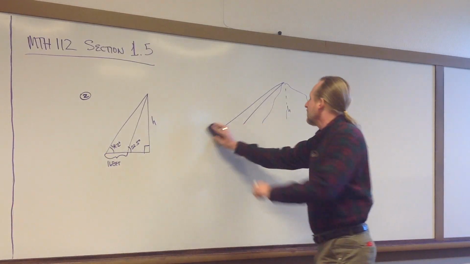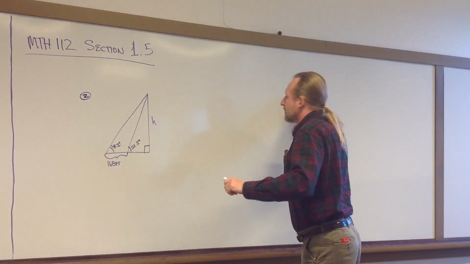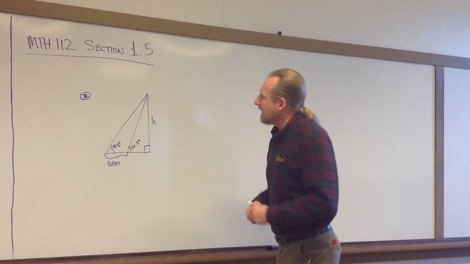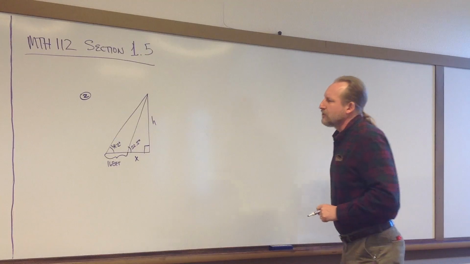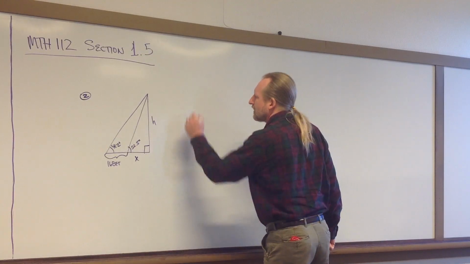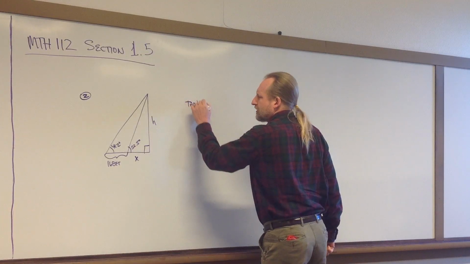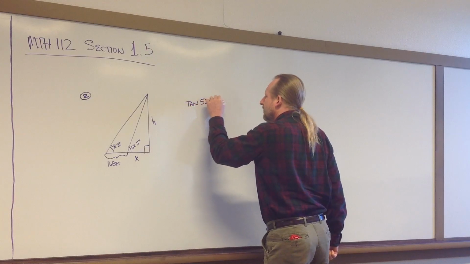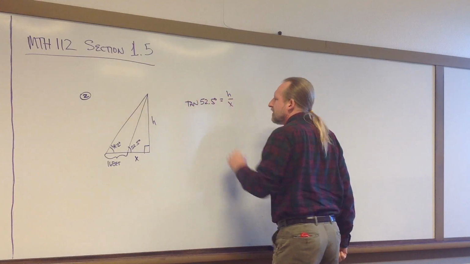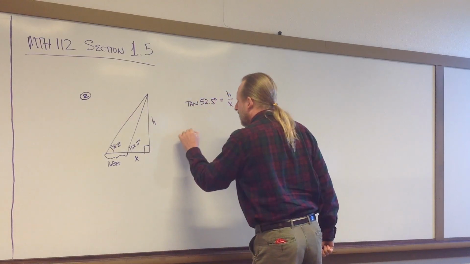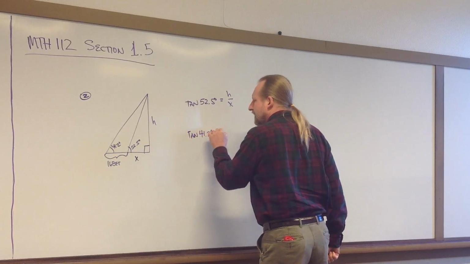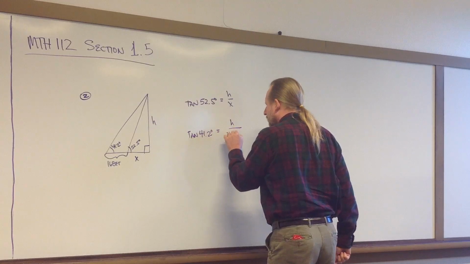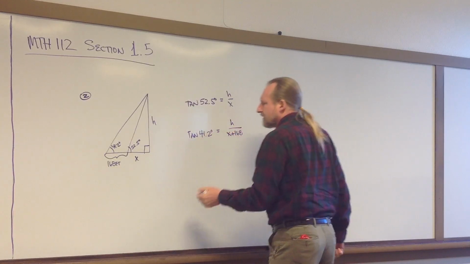Okay, so how do we go about doing this? We introduce two variables. We've got the h here, that's what we want to solve for. Let's call that distance there x. That says that the tangent of 52.5 degrees is going to be h over x, and the tangent of 41.2 degrees is going to be h over x plus 168, right?